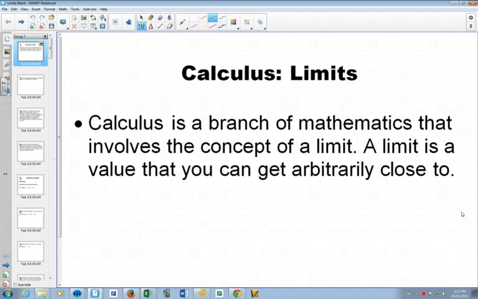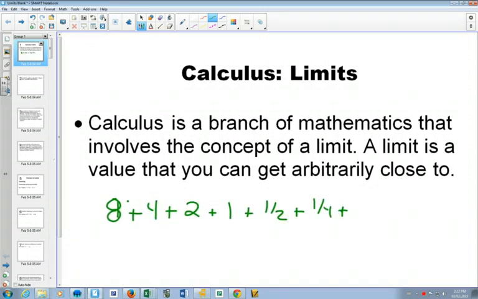And if we look at that sequence that we just talked about, I started walking 8, then 4, then 2, then 1, then a half, then a quarter. And the idea of this going on forever. Will I ever hit the wall? No. Because each time I get halfway closer to it, my new distance I cut in half again.